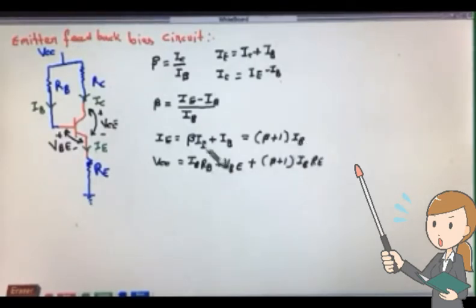Now VCC minus VBE will be equal to IB times RB plus beta plus 1 times RE.